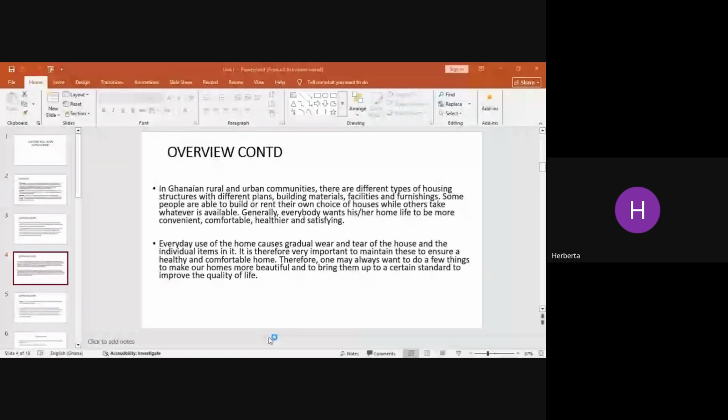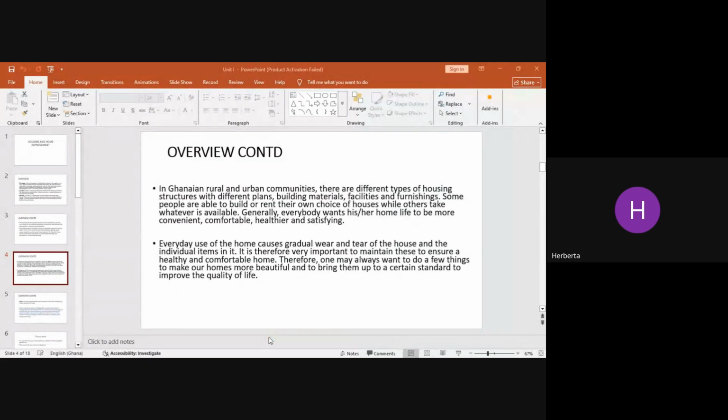Every use of these items causes gradual wear and tear of the house. So it is very important to maintain these to ensure a healthy and comfortable home.